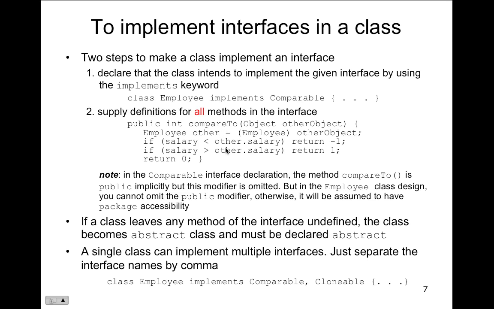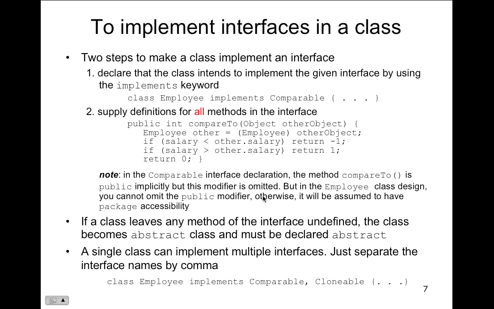All of the methods in the interface need to be implemented, otherwise you're going to get an error. Note that in the Comparable interface declaration, the method compareTo is implicitly public. The modifier is omitted in the interface, but in the Employee class you can't omit the public modifier. You actually have to put it in when you implement the method in the class that you're using the interface with.